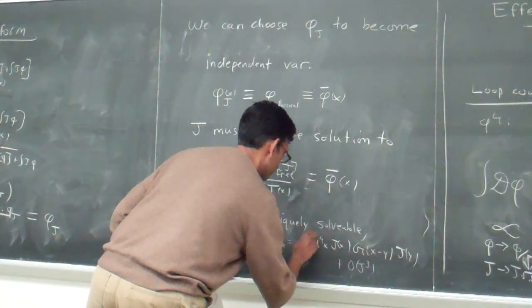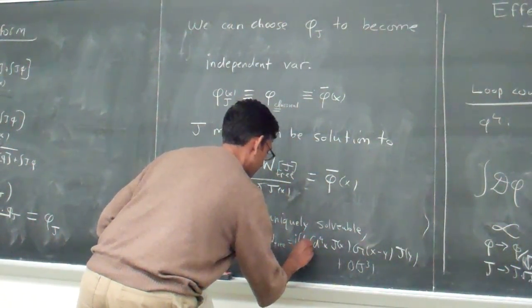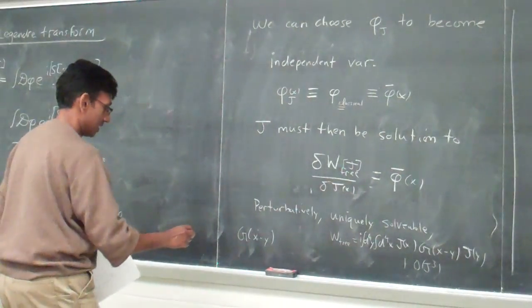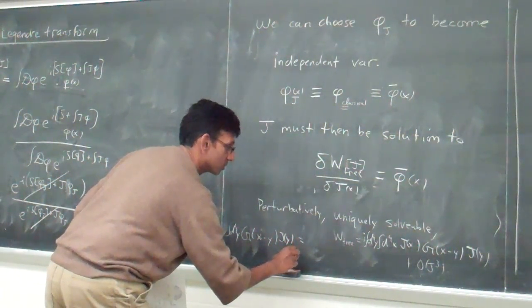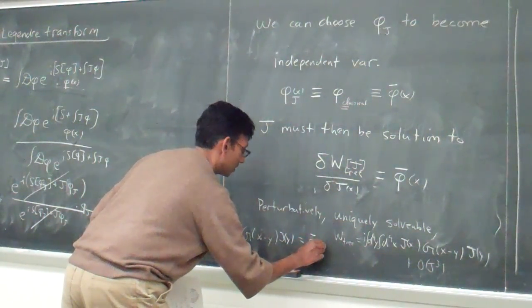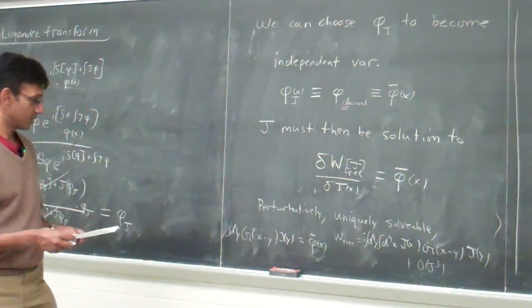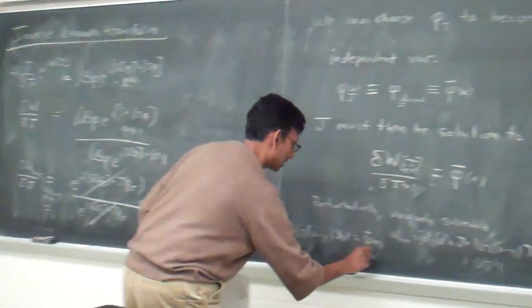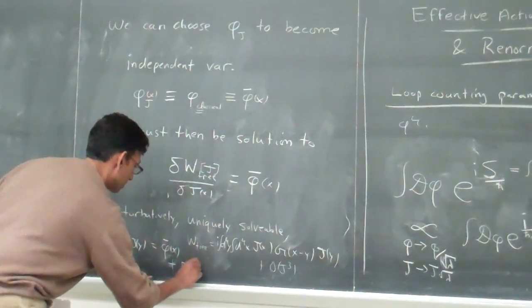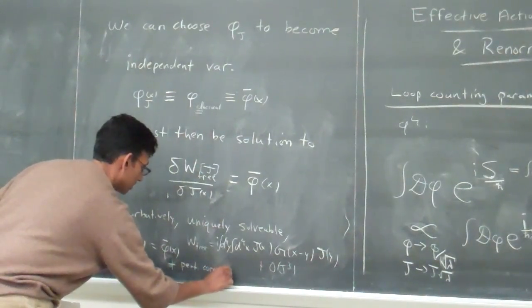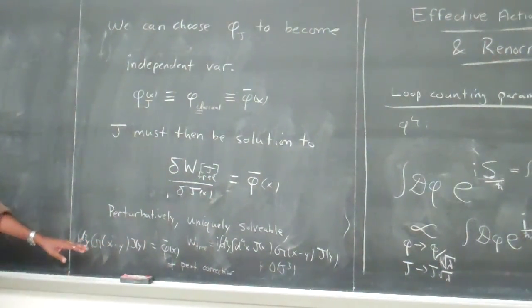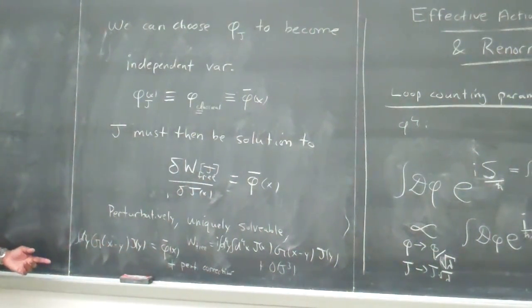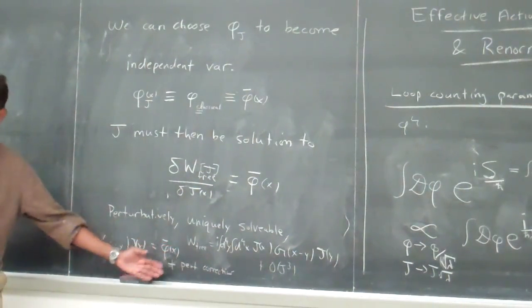Oh, sorry, there's an integral d4y of J of y equal to phi bar of x, plus perturbative corrections, which means that we can always solve this equation iteratively in powers of the coupling constant, as long as we can solve the zeroth order equation uniquely. So, question, can we solve this thing uniquely?